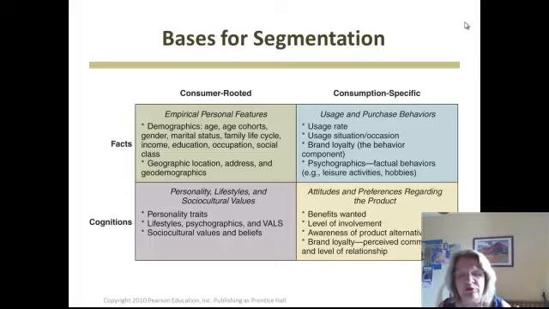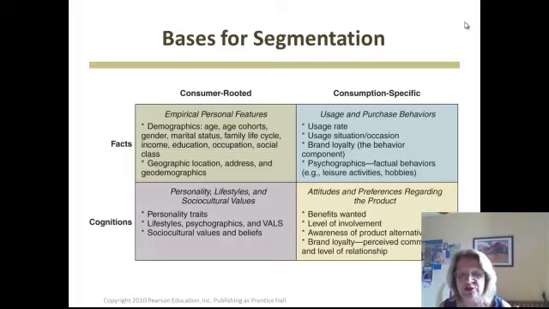This 2x2 matrix is important for understanding types of segmentation schemes. It is possible to break segmentation into 2 broad groups: those that are based on consumers themselves, and those that are based on the consumer's interaction or potential interaction with the product, and therefore consumption based.